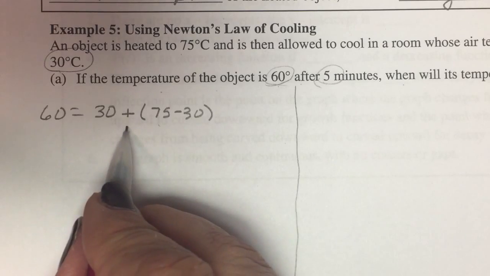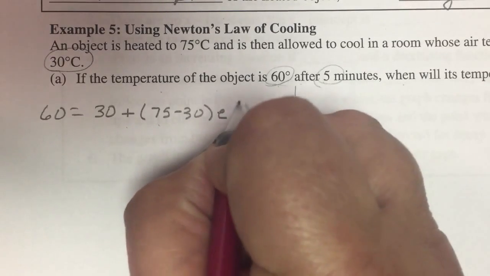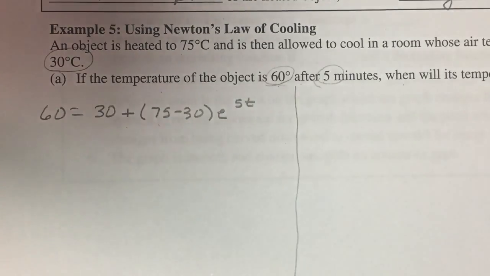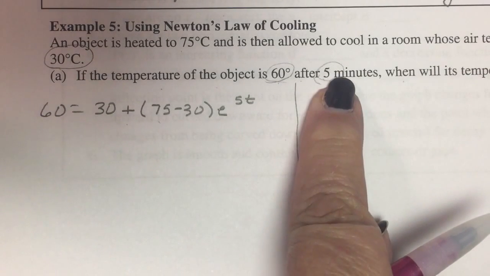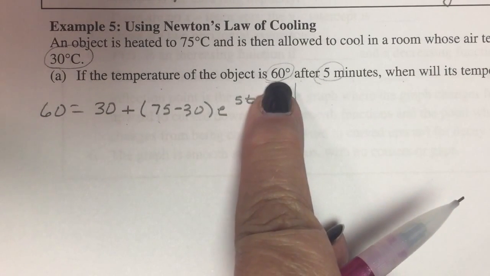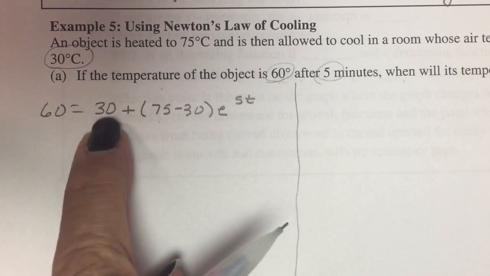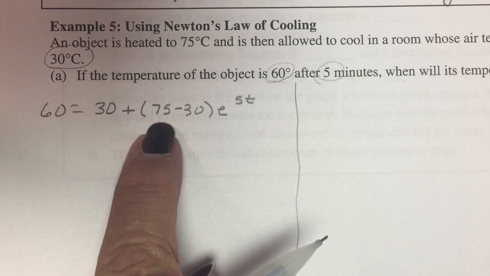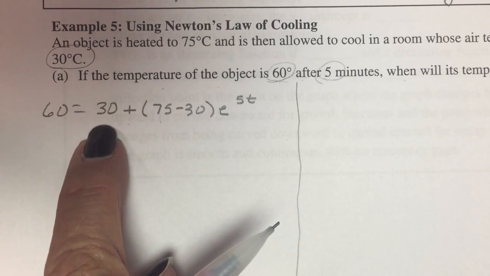And again, it happens after 5 minutes. It cools to 60 degrees after 5 minutes. It starts at 75, and the temperature of the room is 30.